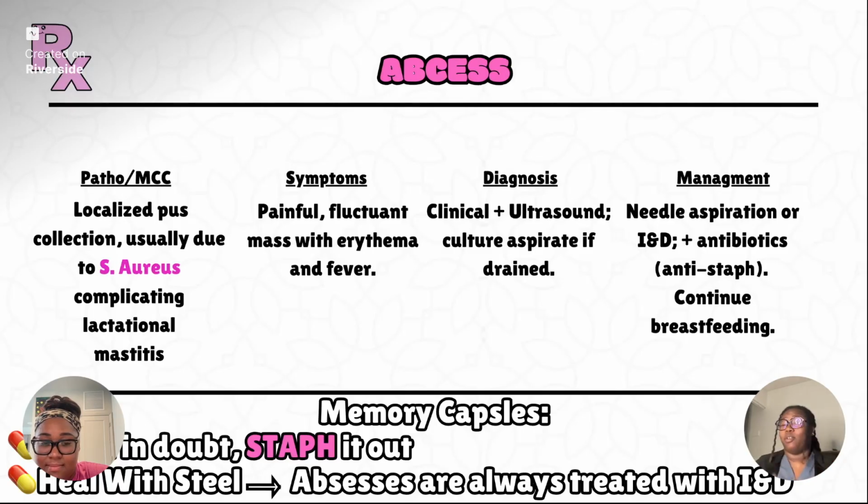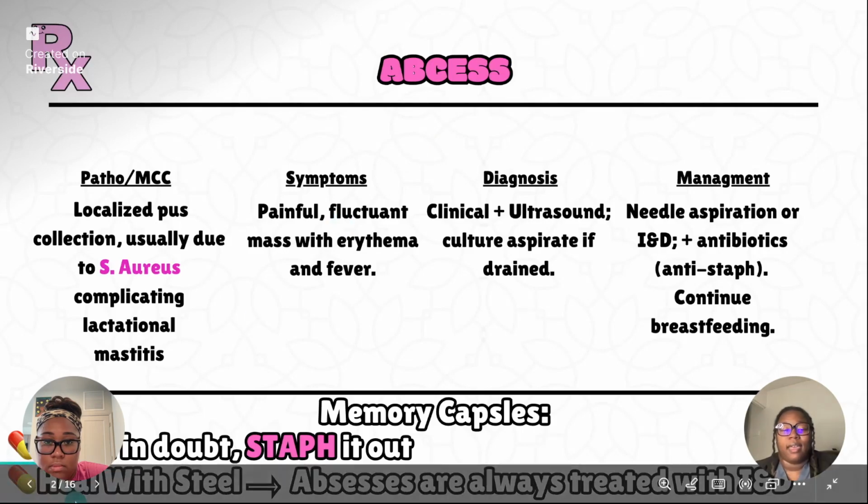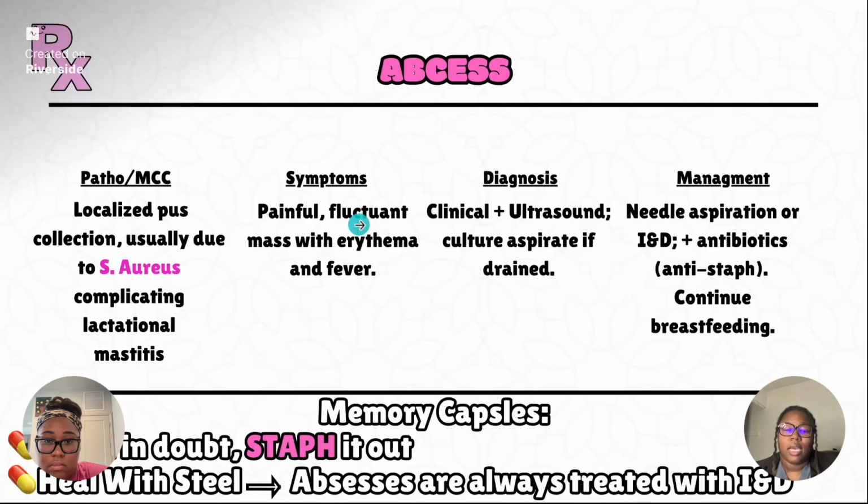Now, it could be strep pneumo or strep pyogenes or some of those more common ones as well, but usually, if you don't know what it is, it's probably staph. And like she mentioned before, you want to heal with steel. Abscesses are always treated with an I and D. Very good.